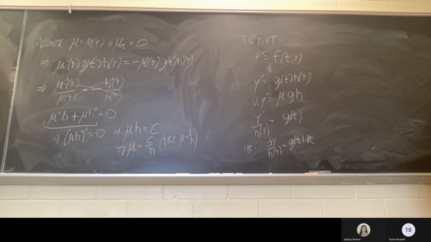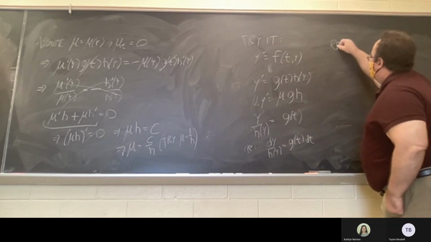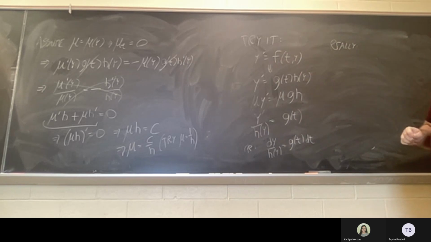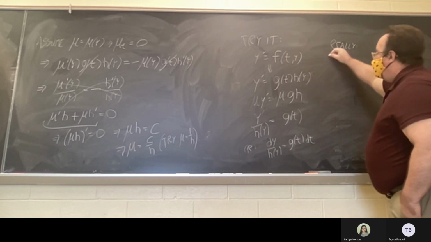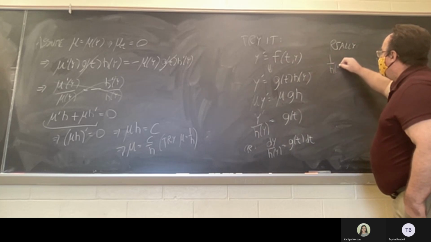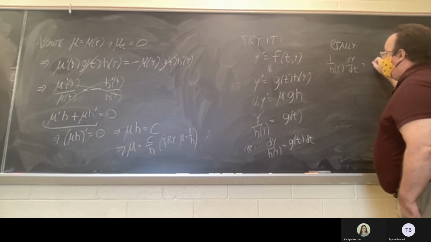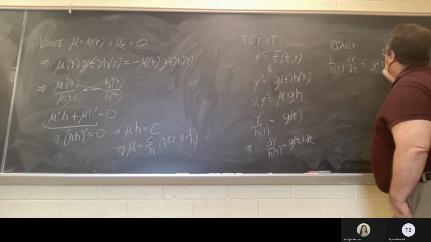Now, I'm going to show you the more rigorous way why that actually works. So really, the more rigorous answer is you integrate both sides with respect to t. So I have 1 over h of y dy dt is equal to g of t.